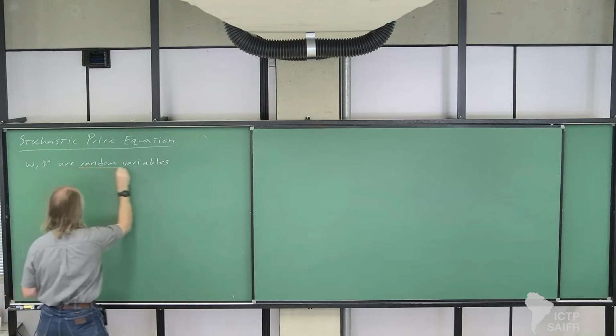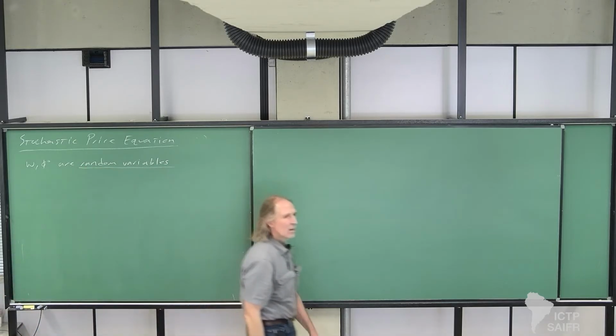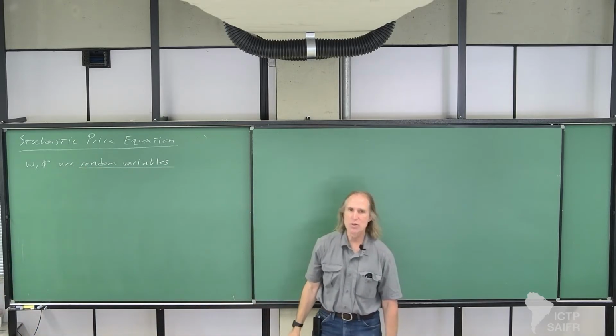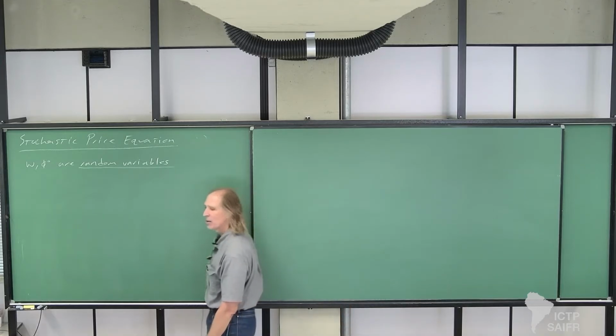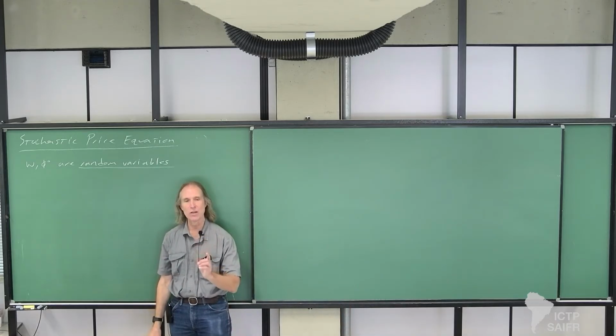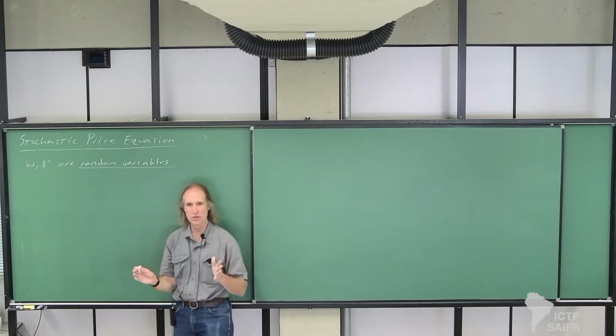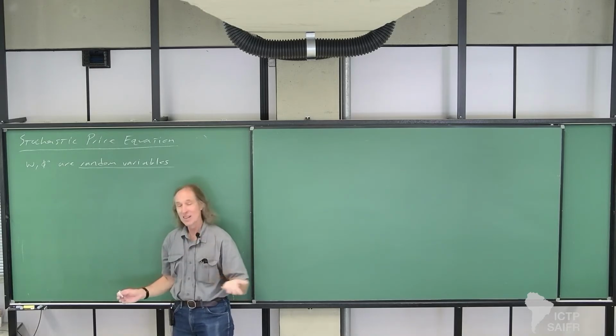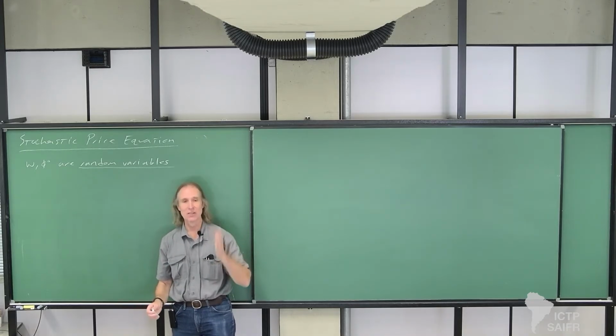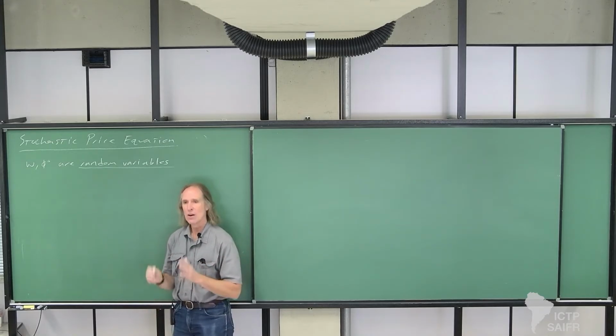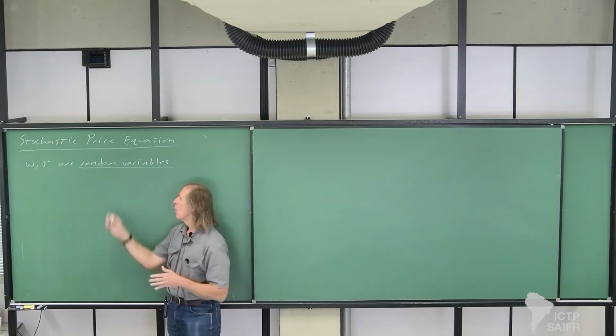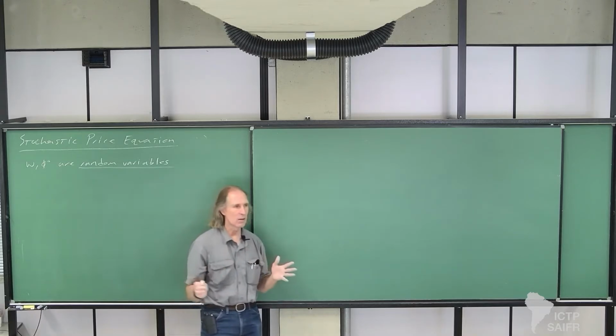And random variable here means it has a distribution of possible values. We don't characterize it just with a number, we characterize it with a distribution. Conceivably, that could be a Dirac delta function as the distribution, but we're not going to be using that case. It's always going to be the case that we're looking where these can take multiple values.